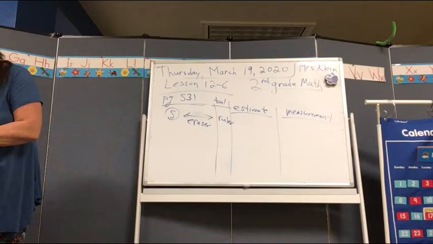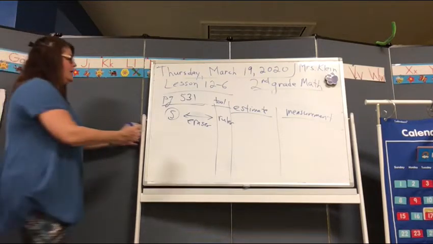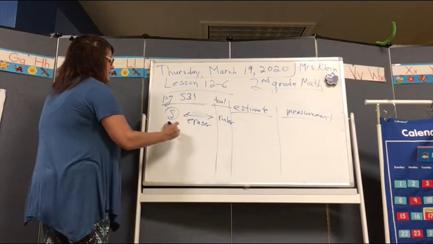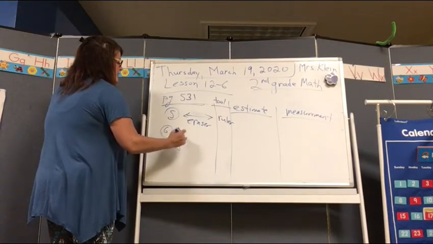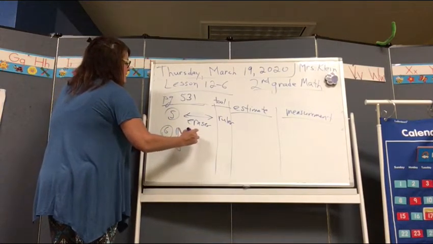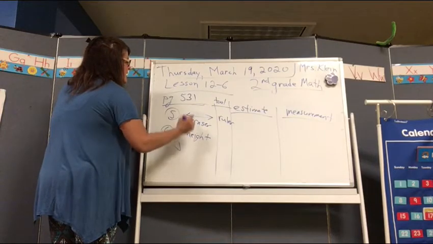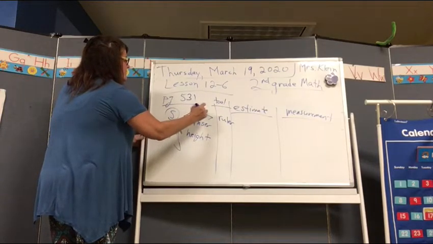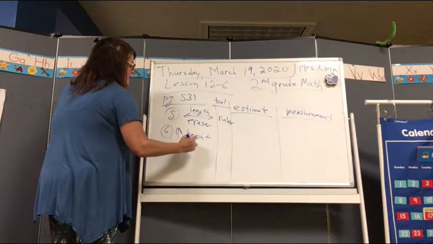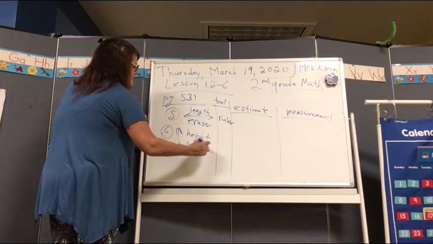Number 6 is the height of a window. I'm going to take the height, this was length of an eraser. This is the height of a window.